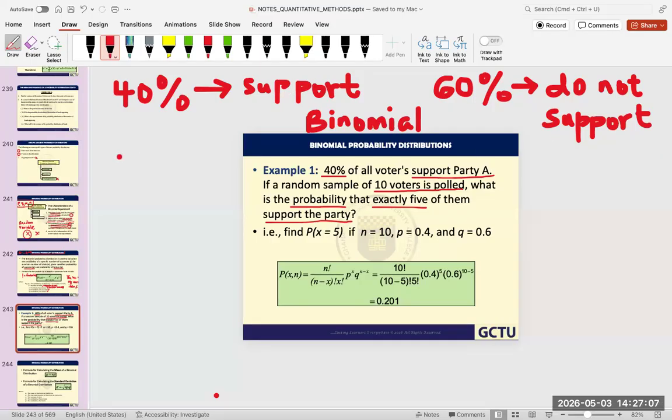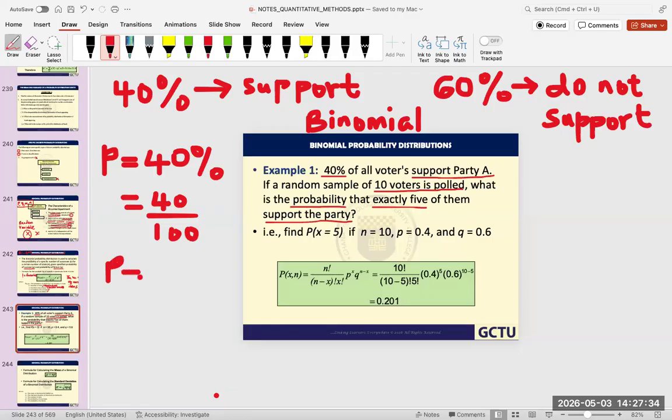So in binomial, we represent this one by lowercase p, probability of success. So p is 40%. 40% is the same as 40 divided by 100. And finally, p will give you 0.4. So we put that one down. Now, what about 60% do not support?